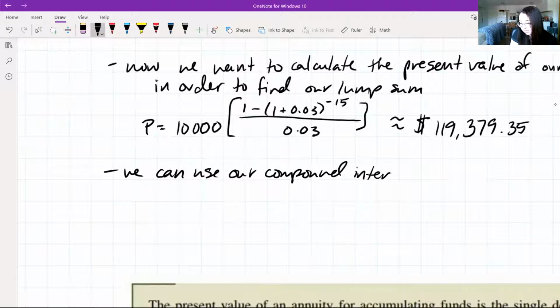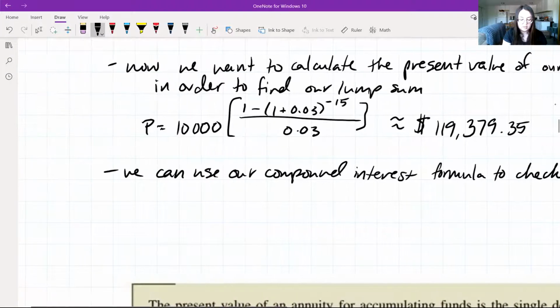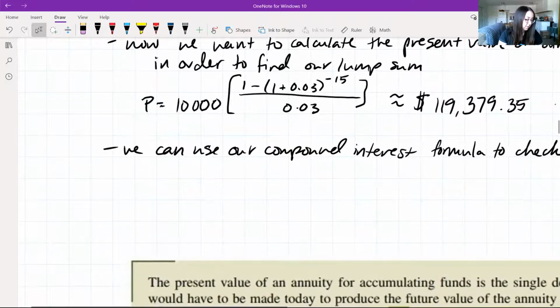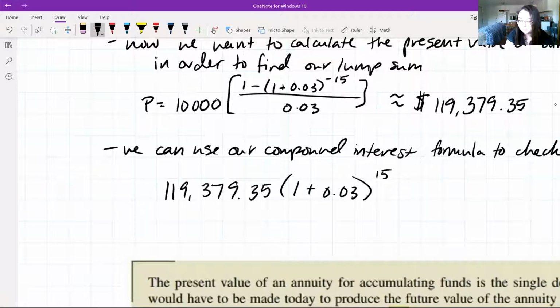And our compound interest formula, remember, was just our value of P times 1 plus I to the value of N. So if we plug these values in, we're going to use our P value, our present value, so $119,379.35 times 1 plus our interest rate to the value of N, which is 15.